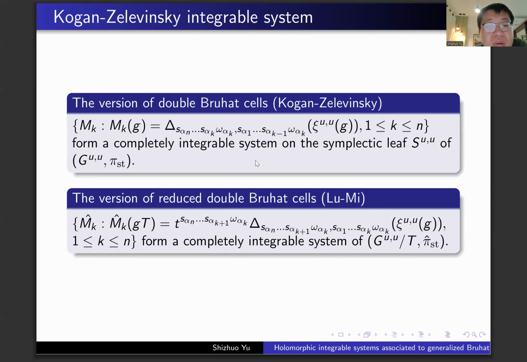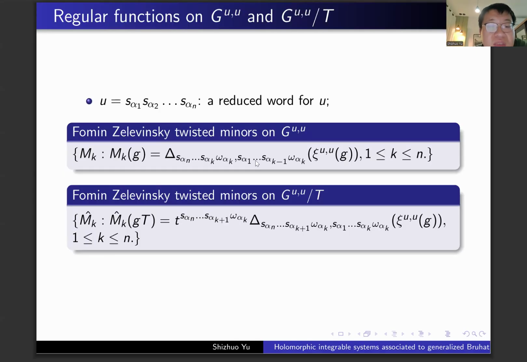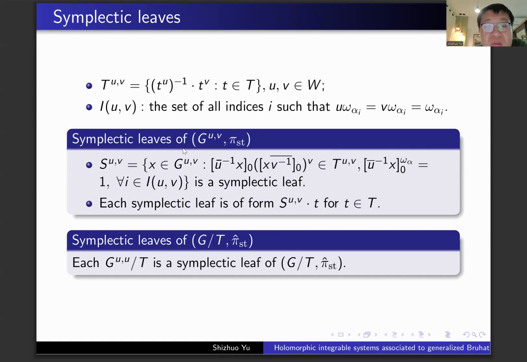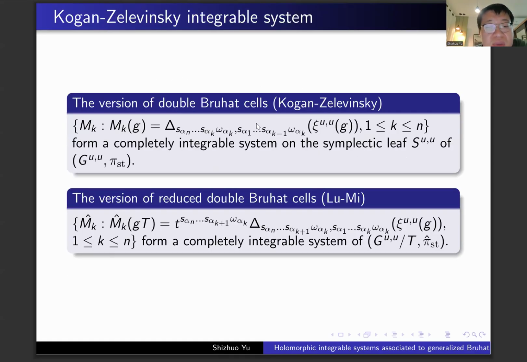And now we just need to restrict the Fomin-Zelevinsky twisted minors to their symplectic leaves, and then Kogan and Zelevinsky proved that it forms a complete holomorphic integrable system on the symplectic leaves.